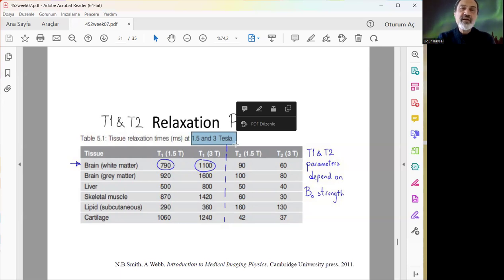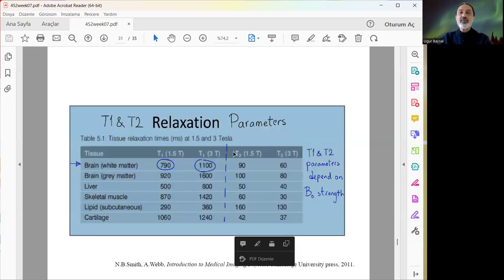It gives T1 at 1.5 Tesla. You see, particularly the brain has almost 800 milliseconds for T1 relaxation, but a much higher value, 1,100, for 3 Tesla systems.